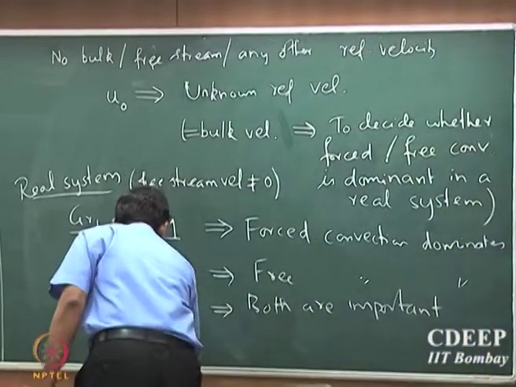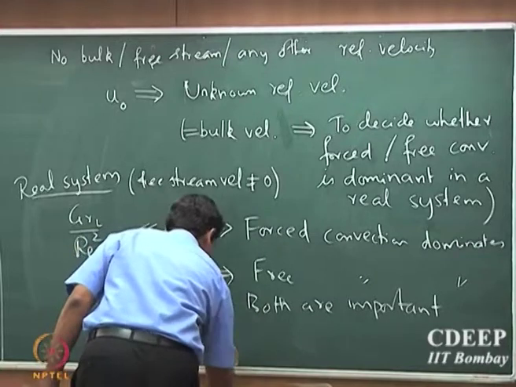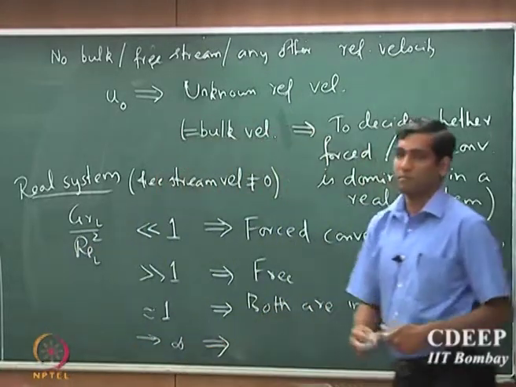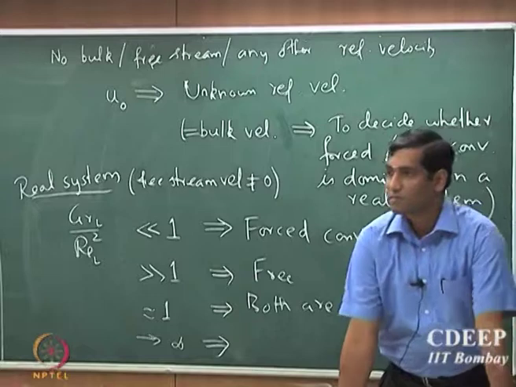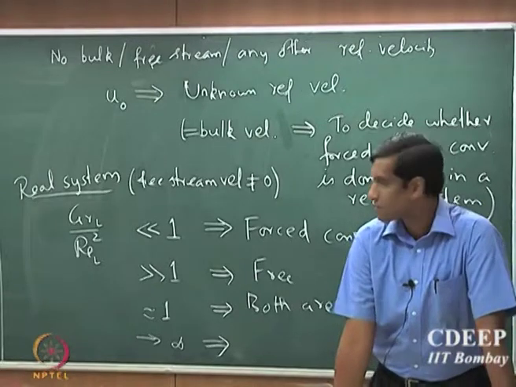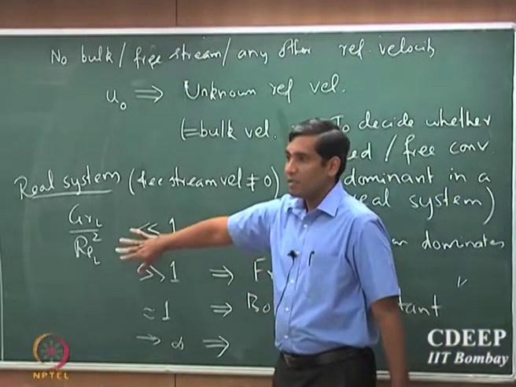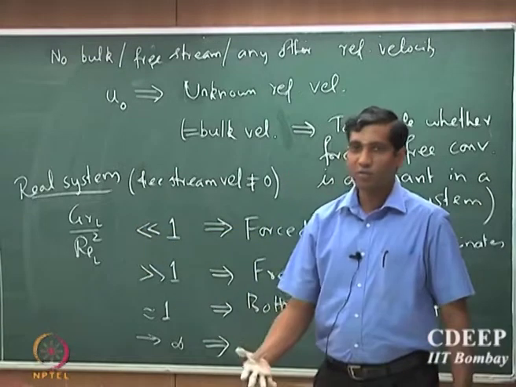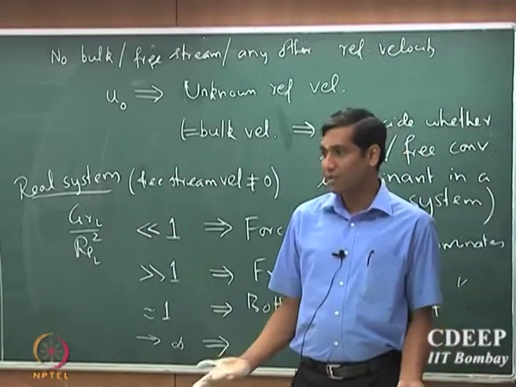And what if it tends to infinity? Look at the ratio. U naught tends to 0. So that is a purely free convection problem.